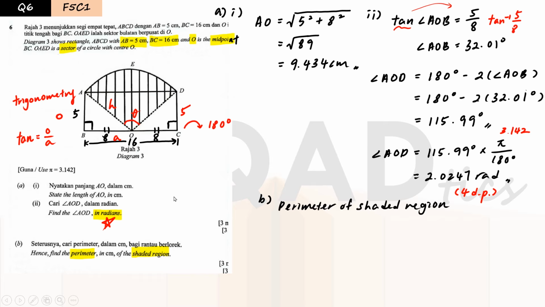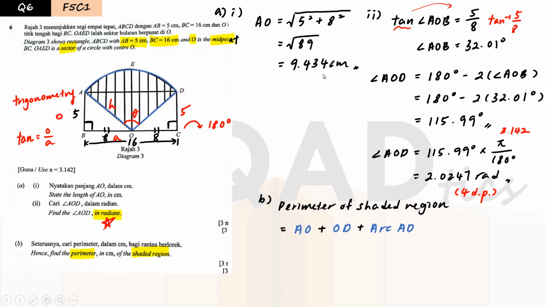Okay, so let's start off with point A. So the first line would be line AO, and line OD, and then this line here, which is called the arc AD. Alright, so to find out perimeter, we need to find out the length of these three lines. So let's start off with AO. So AO, we actually found out in part A1 just now, right?